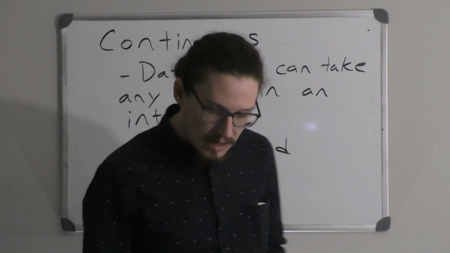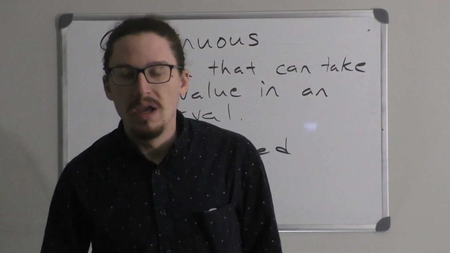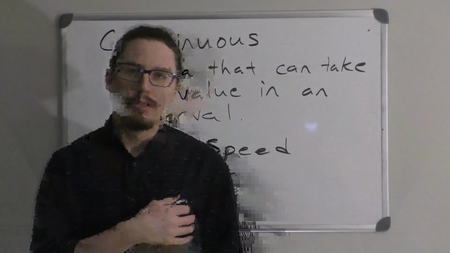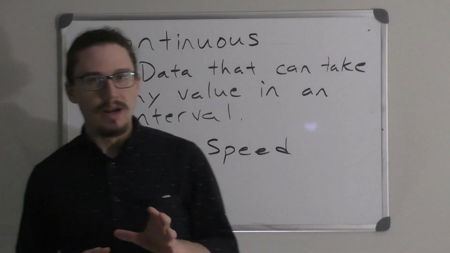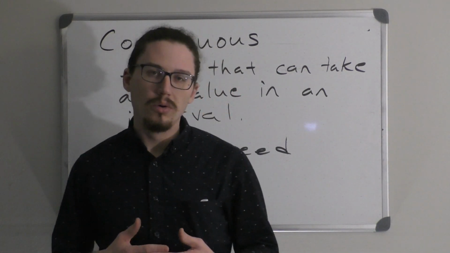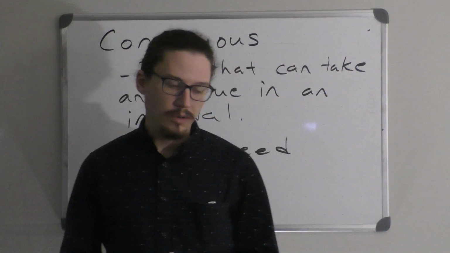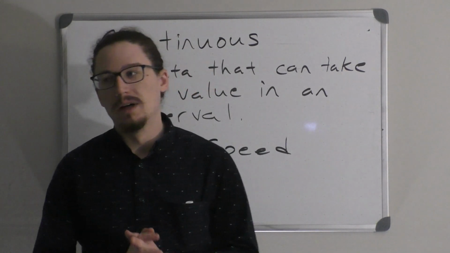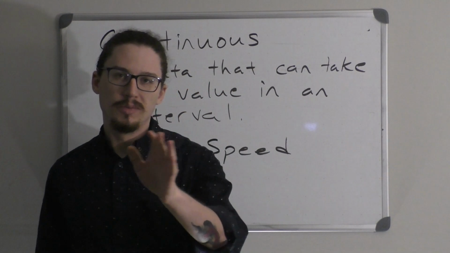So for example, my favorite example of this is speed. Speed would be a continuous variable, or continuous data. The best way to illustrate this, in my opinion, is that with continuous random variables, again, there are no gaps, and this is why speed is a good one.